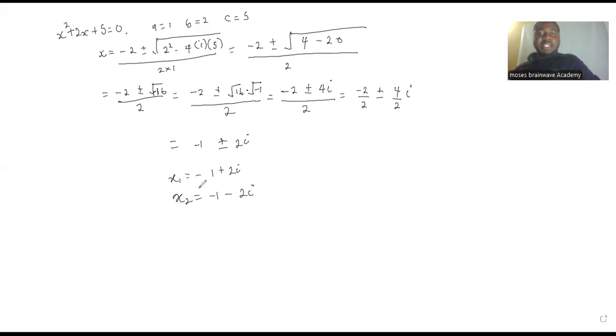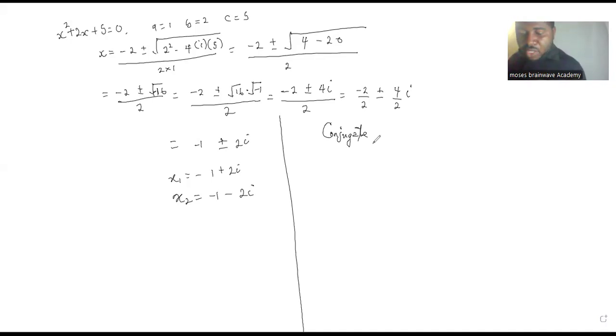Good. So by this example, we go straight to the concept of what we call the conjugate. Why do you need the conjugate and how do you apply it?